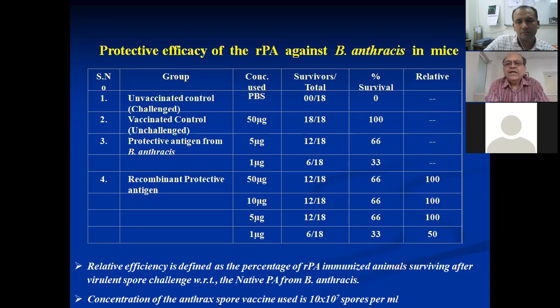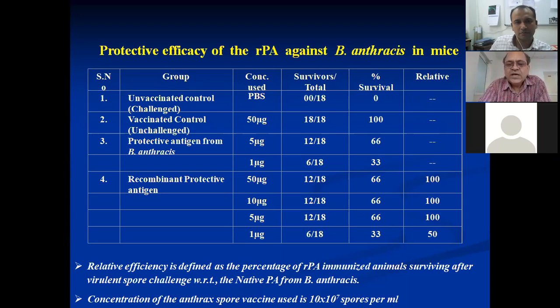We took our vaccine, recombinant protective antigen, injected it in a mouse model, and after 28 days, we gave the booster dose. These days, this is common man's knowledge: you are getting Covishield, then you are getting a booster, you are getting Covaxin, getting a booster. So a similar experiment we did with the mouse model, and then we challenged them after 28 days.